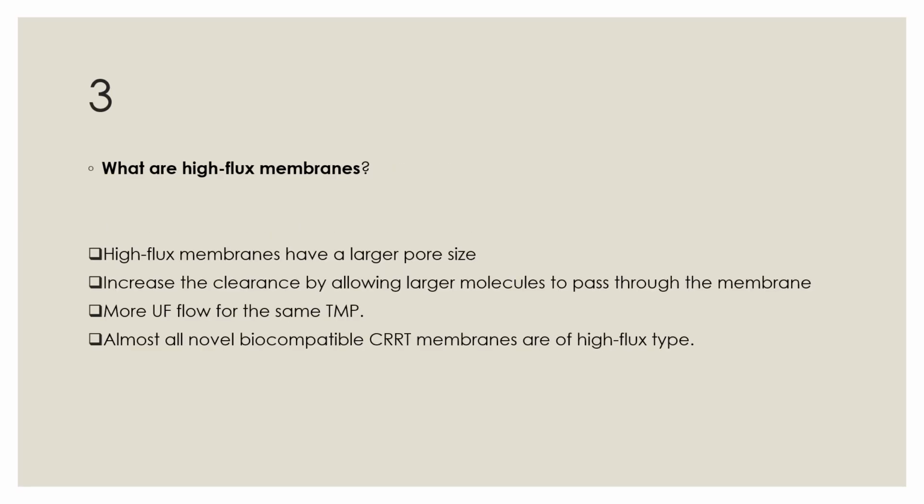What are high flux dialysis membranes? High flux membranes have a larger pore size and thus increase the clearance by allowing large molecules to pass through membrane as well as more ultrafiltrate flow for the same transmembrane pressure. Almost all novel biocompatible CRRT membranes are of high flux type.